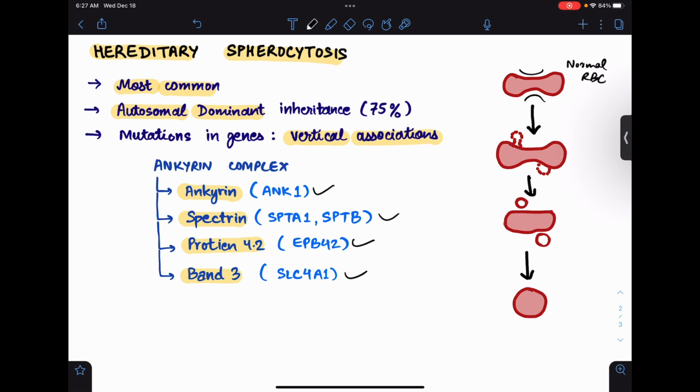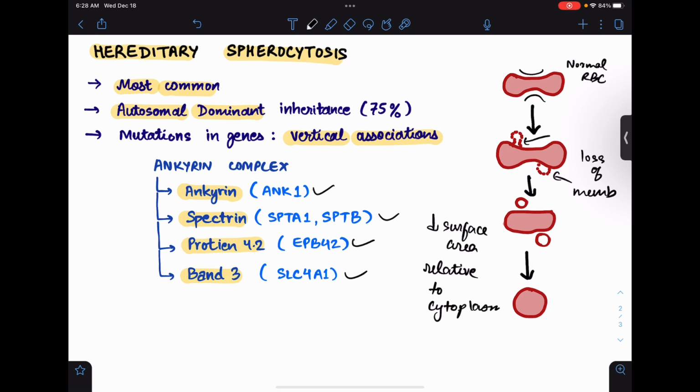So normal RBCs are biconcave in shape. In hereditary spherocytosis, due to mutation in genes for proteins which encode for these vertical associations, the membrane is not stable, so there is loss of the lipid bilayer, which decreases the surface area of the RBC relative to the cytoplasm.